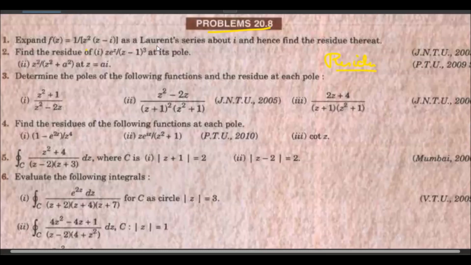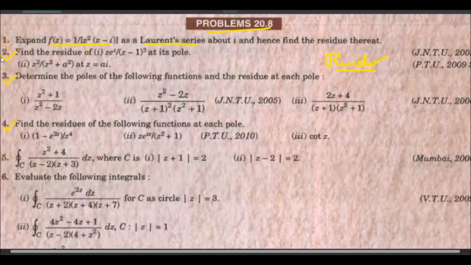And the first question, we are asked to find residue using the Laurent series. I already discussed how to find residue using Laurent series expansion of f of z in my last video, concept of residues. And in this video, I am going to solve the 2nd, 3rd and 4th questions.